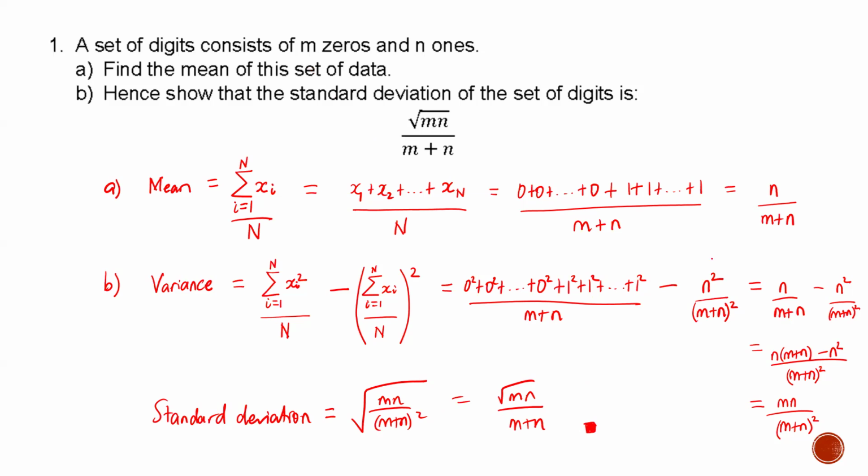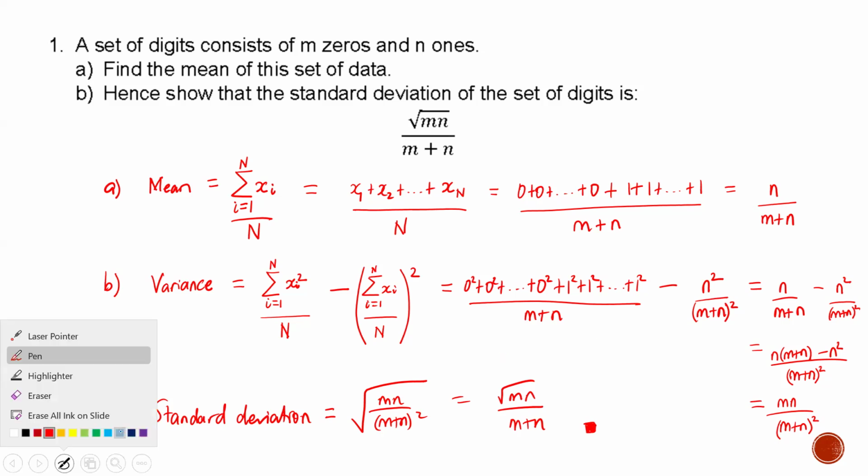Mark. So Jonathan, I just got confused on the part of m plus n squared in the denominator, how it became m plus n for the variance. Which step exactly?